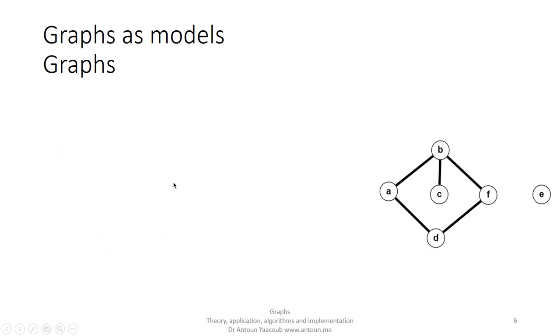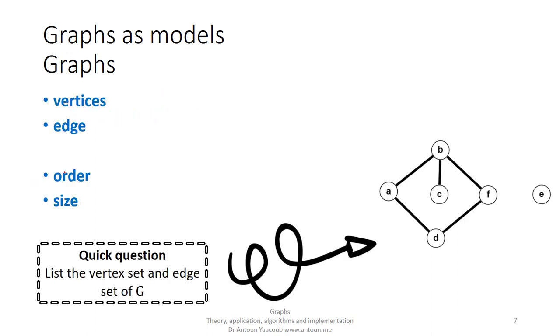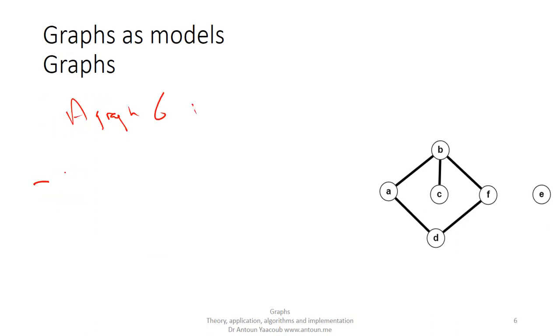As I have said, a graph is a mathematical representation of a relationship. A graph G consists of two sets. The first set is a non-empty finite set, so it's finite but it's not empty, the set of vertices V, those are the circles.